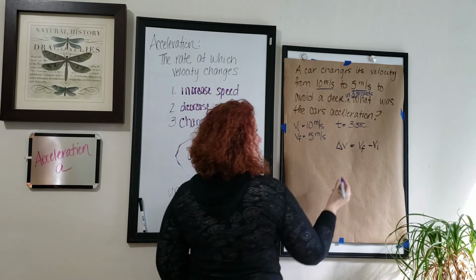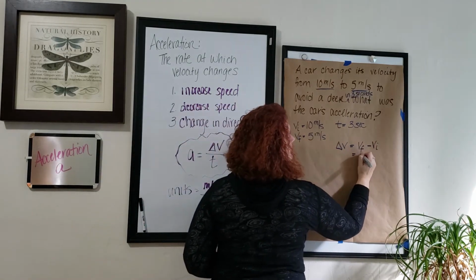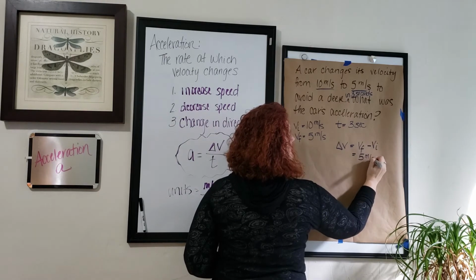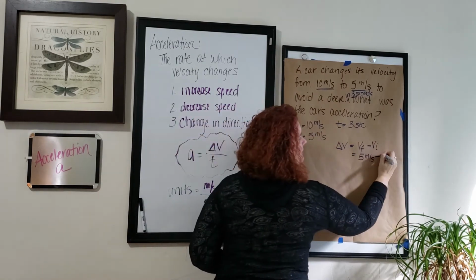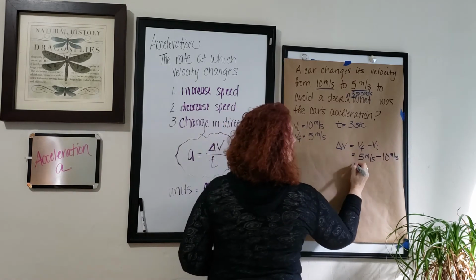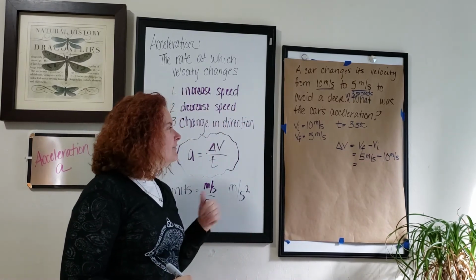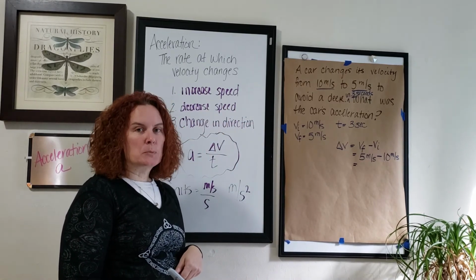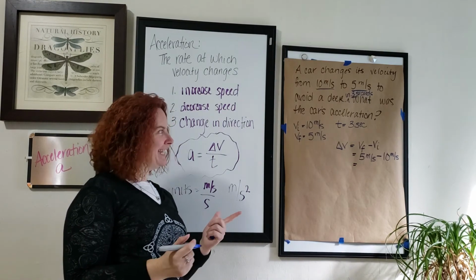But I'm going to do our first step first. So we know our v final, which is 5. Always keep your units in. Minus our initial, which is 10. So 5 meters per second minus 10 meters per second is going to give us -5.